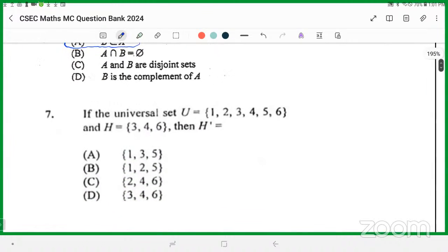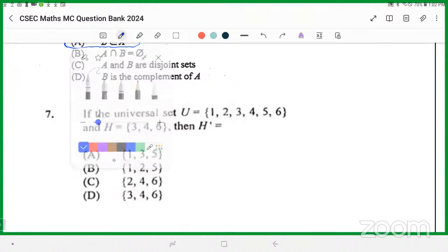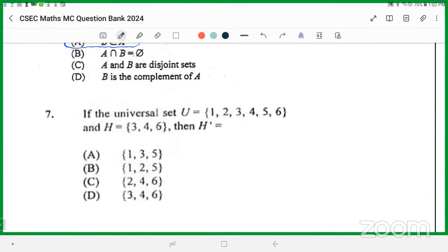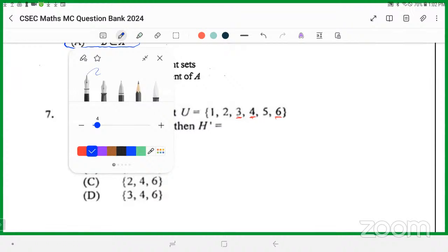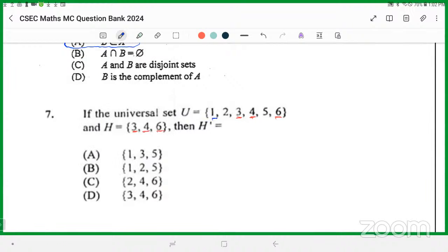Next one says, if the universal set is this and H is that, what is H complement? H complement is everything that is not in H. So if I identify everything that is in H first, 3, 4, 6, those are the values in H. So it means that these three values are in the complement. 1, 2, and 5 are in the complement.